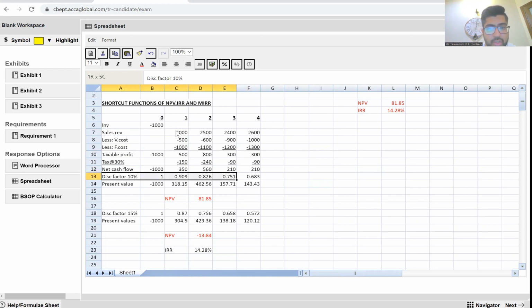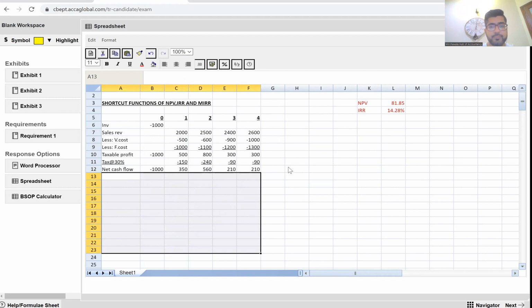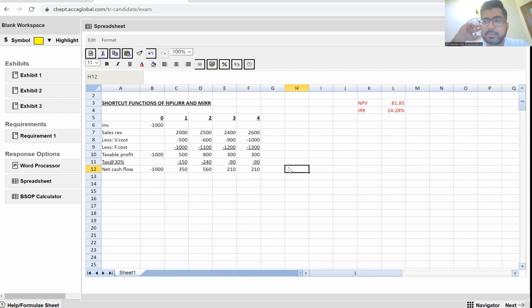And you need to stop at net cash flow. No need to write the discount factor, 10%, from the table.